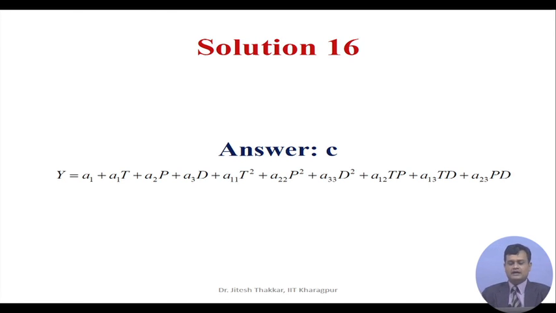So, you have quadratic effect, interaction effect and main effect. The first is A1, the intercept, then the subsequent 3 terms are the independent effects, main effects, then the quadratic effect and then the interaction effect.